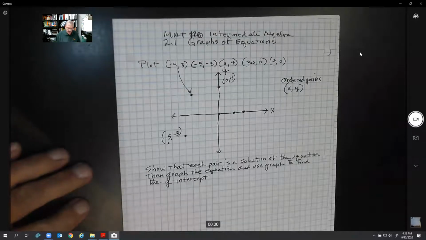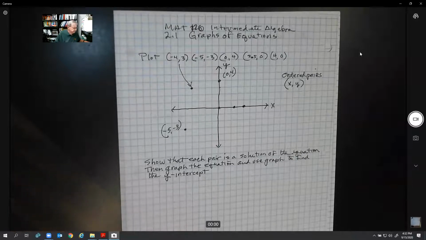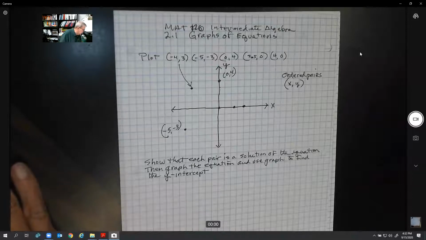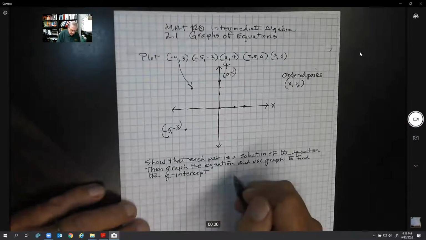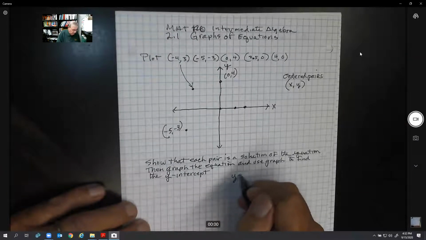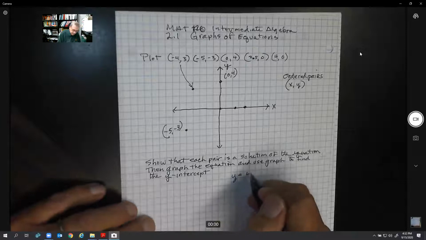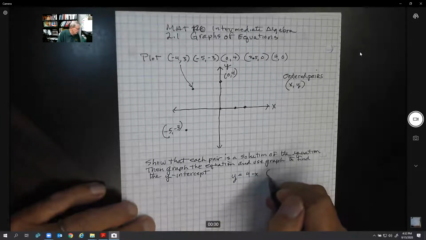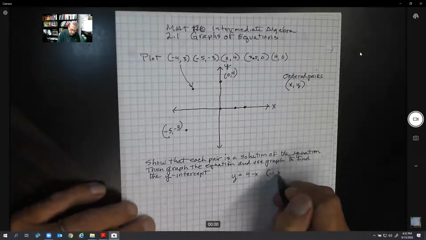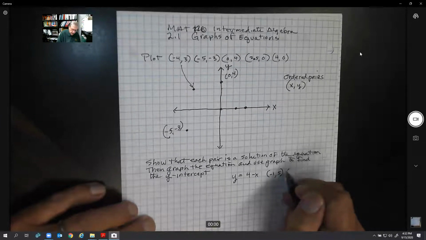So let's look at another problem here. And I have a problem here, but I forgot to write the equation. That wouldn't do as much good. I need some more information on this problem. I better put some information in here.